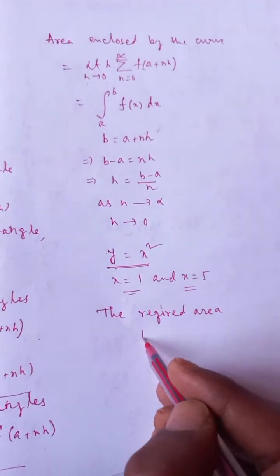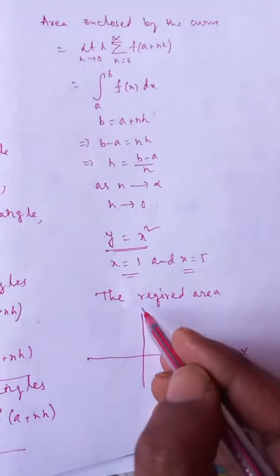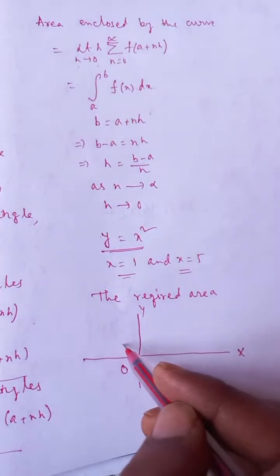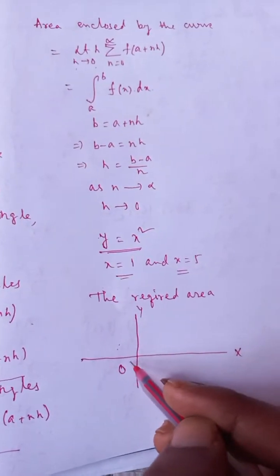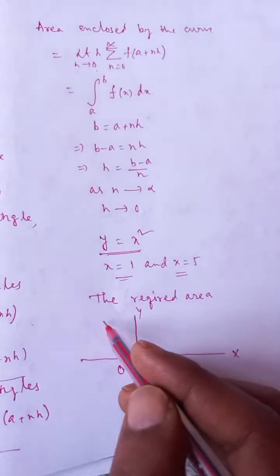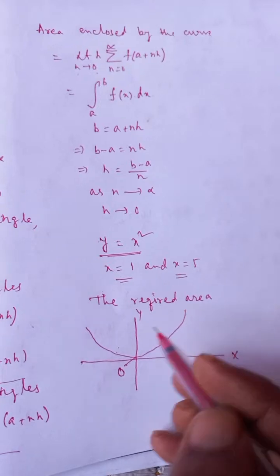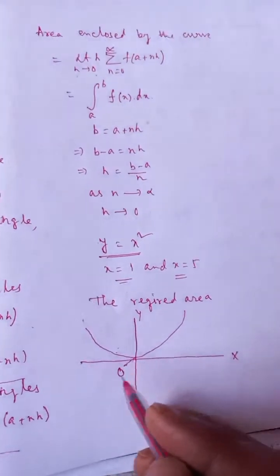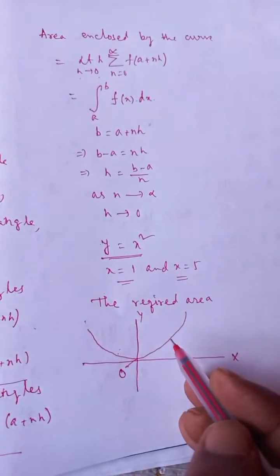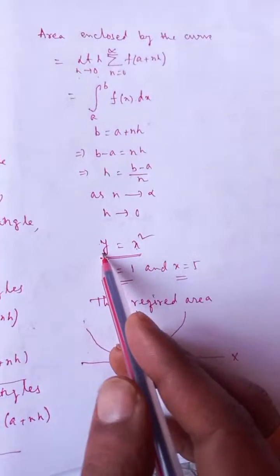So for the required area we have to draw a diagram here again. This is the x-axis, this is the y-axis, origin O. Now we are taking y equal to x square. For any value of x, negative or positive, y will always be positive.